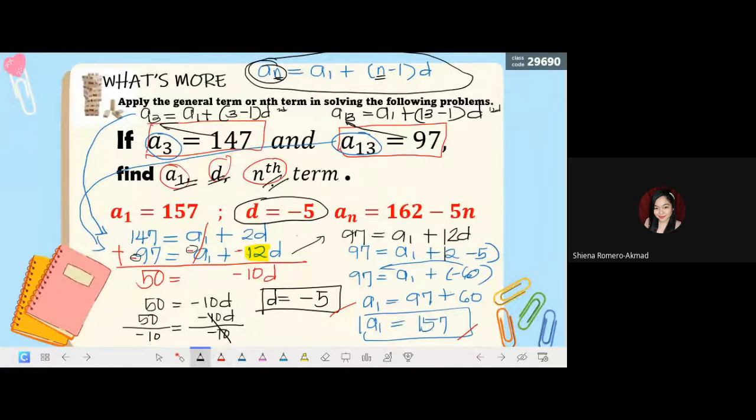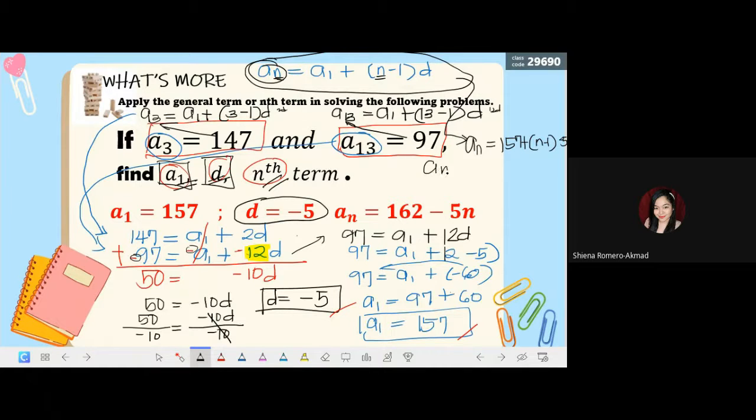And napakasimple lang nun. Bakit? Kasi isa-substitute mo lang sa A sub 1 si first term at si difference. Dito sa formula na to. A sub n is equal to the first term, 157, plus n minus 1 times d, which is negative 5.